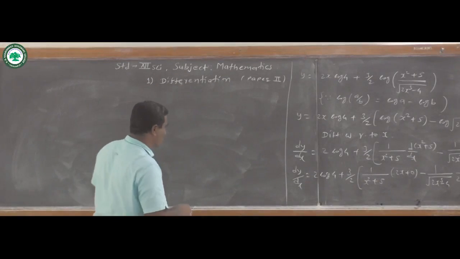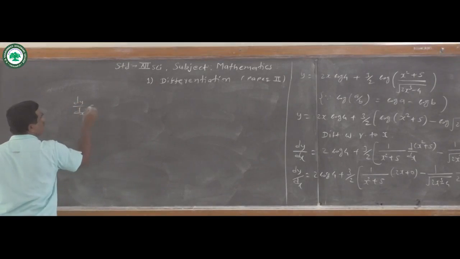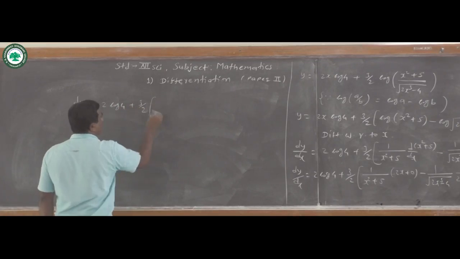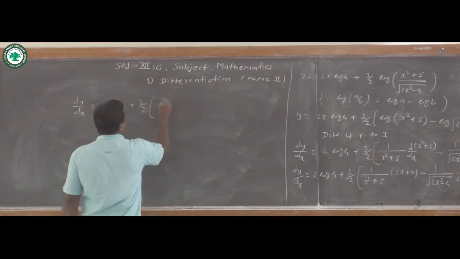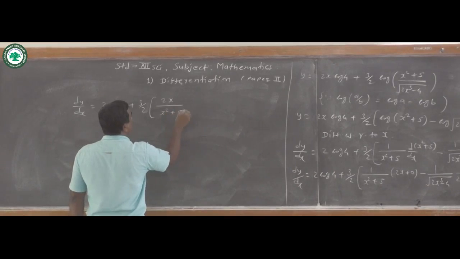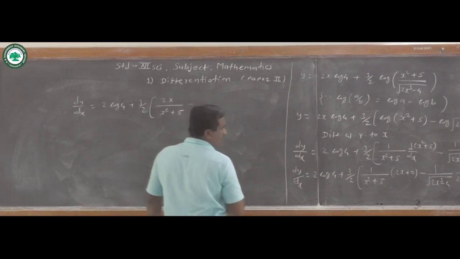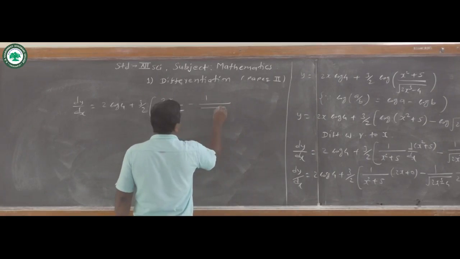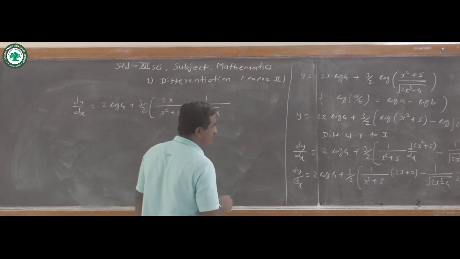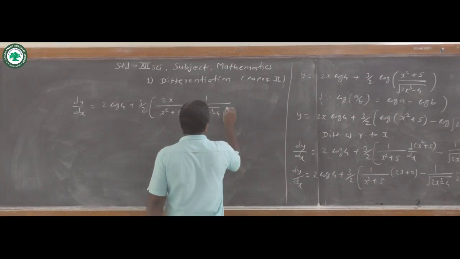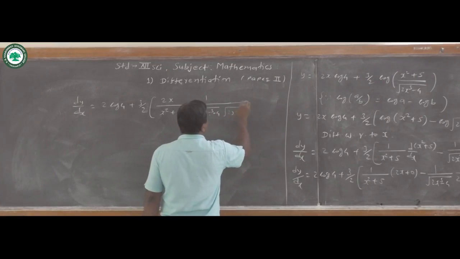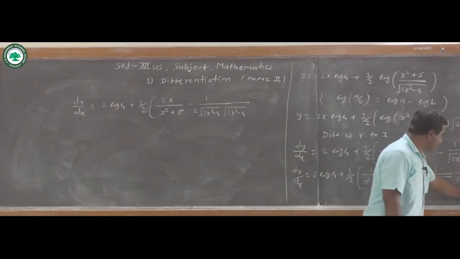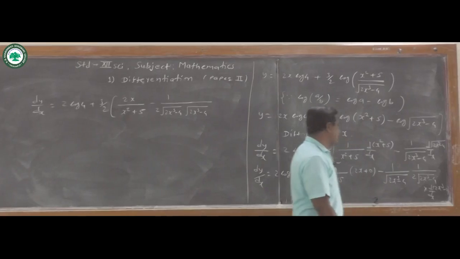Now further, dy by dx equal to first term as it is 2 into log 4 plus 3 by 2 into, in bracket, 2x upon x square plus 5 as it is minus 1 upon under root 2x cube minus 4 into under root 2x cube minus 4 into 2 into derivative of 2x cube minus 4 is, derivative of 2x cube is 6x square minus derivative of 4 is 0.